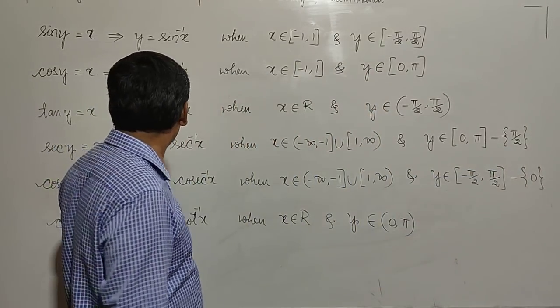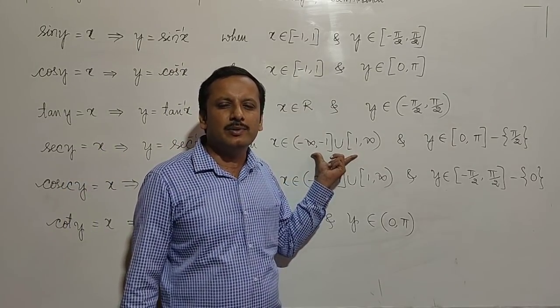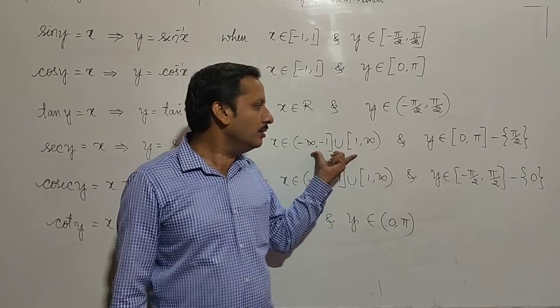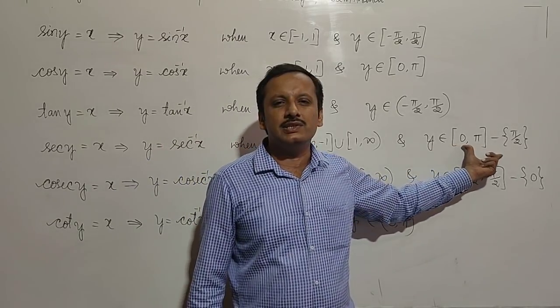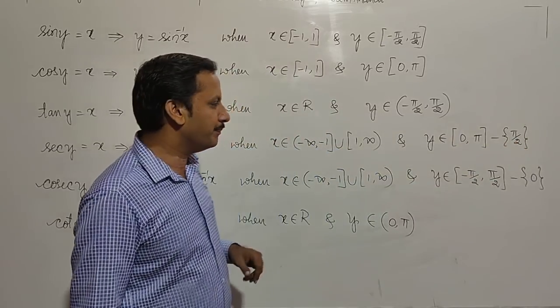So for secant inverse x the domain is this interval -infinity to -1 union 1 to infinity and the range is the closed interval 0 to pi with the exception of pi by 2.